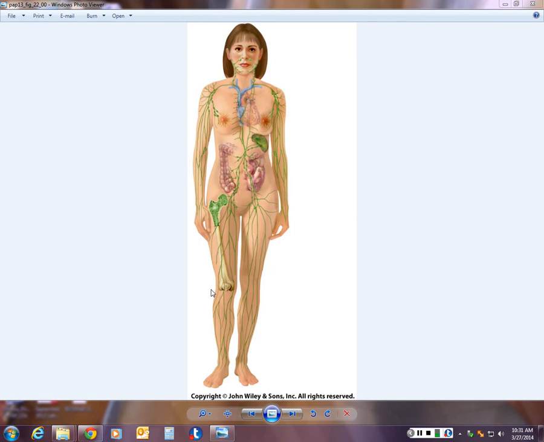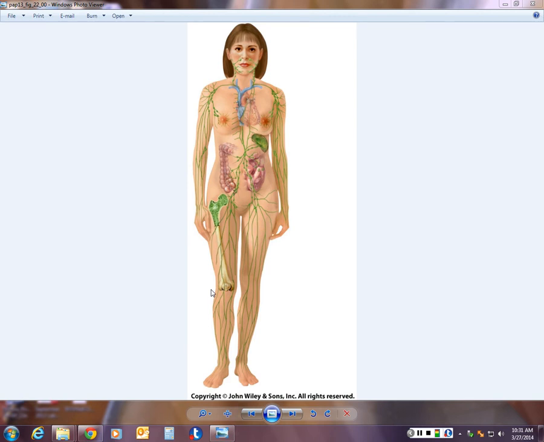The first major function of the lymphatic system is to simply reabsorb excess interstitial fluid. If you recall the process of bulk flow, and that's mentioned in Chapter 21, bulk flow is an exchange of fluids between the blood and basically interstitial fluid. Fluid leaves a capillary and becomes interstitial fluid, and then some of the interstitial fluid is reabsorbed back into the capillary.